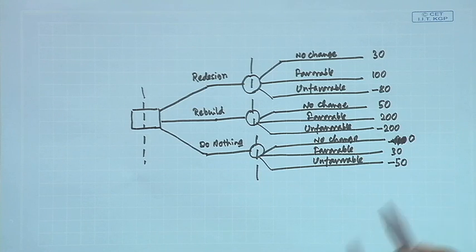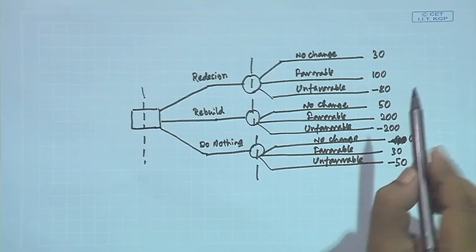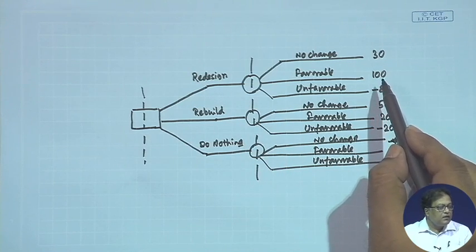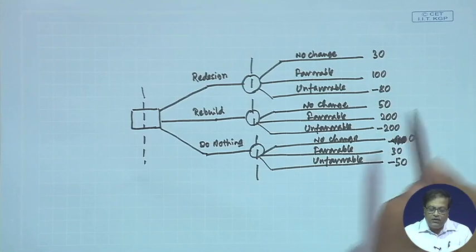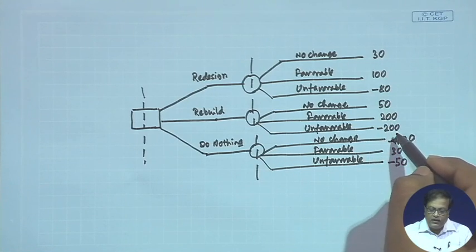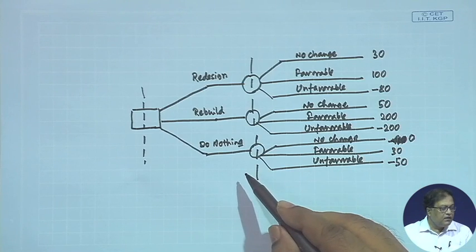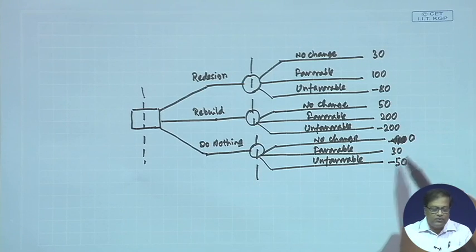Let us check once again. The redesign option payoffs are 30, 100 and minus 80. The rebuild option 50, 200 and minus 200, and do nothing 0, 30 and minus 50.